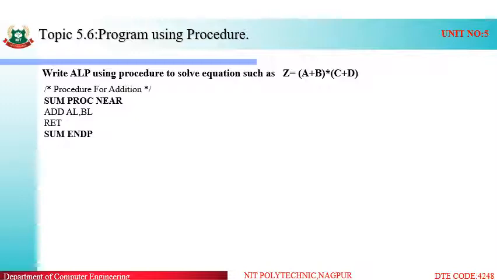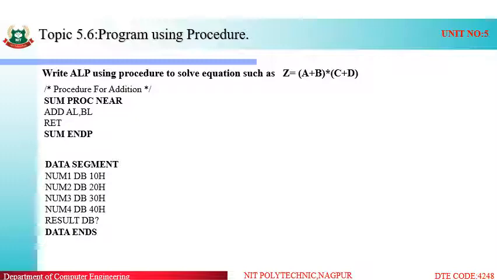For the equation to be solved, we have to define the data segment. Inside that we have taken four variables, that is num1, num2, num3 and num4. All are 8-bit numbers, therefore it is db, and we have taken random values 10, 20, 30, 40.